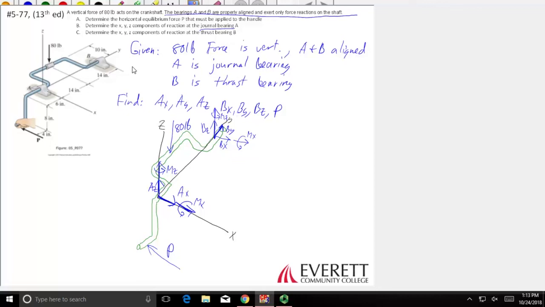Okay, so there was another piece of information that we totally skipped over. The bearings A and B are properly aligned and exert only force reactions on the shaft. Okay, we got to take that into account. So when there's a single bearing, it's the only thing that keeps it from twisting.